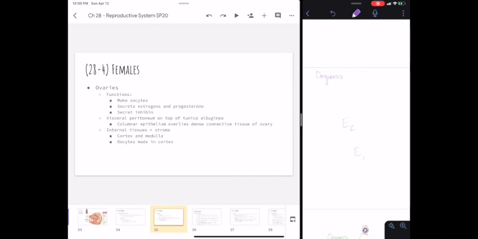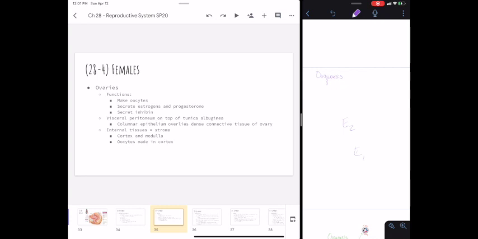This is not as clear-cut as when we compare it to the kidney, where you can visually see that even with the naked eye. It's a little bit more difficult to tell, especially in reproductive years in a human cadaver, and even on the models and cartoonistic pictures that we have. It's not quite clearly differentiated, but if anything is pointing towards the outside, that's cortex, and if anything is pointing towards the inside, it's medulla.